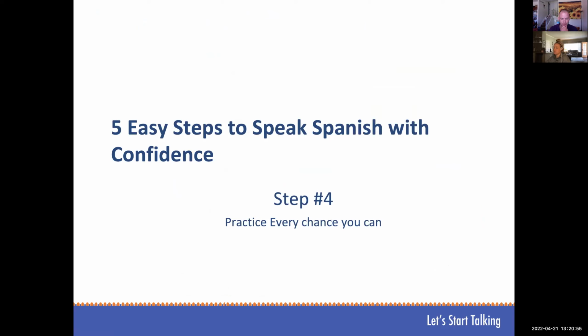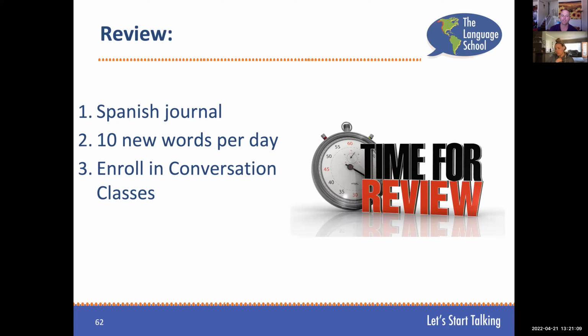Okay, muy bien. Kaylee, we've got just a few minutes left, so I'm just going to run through this super quick. This is the 4th easy step from that original orange book that we were looking at. Quick review. The first step was to create your Spanish journal. Have you been doing that?